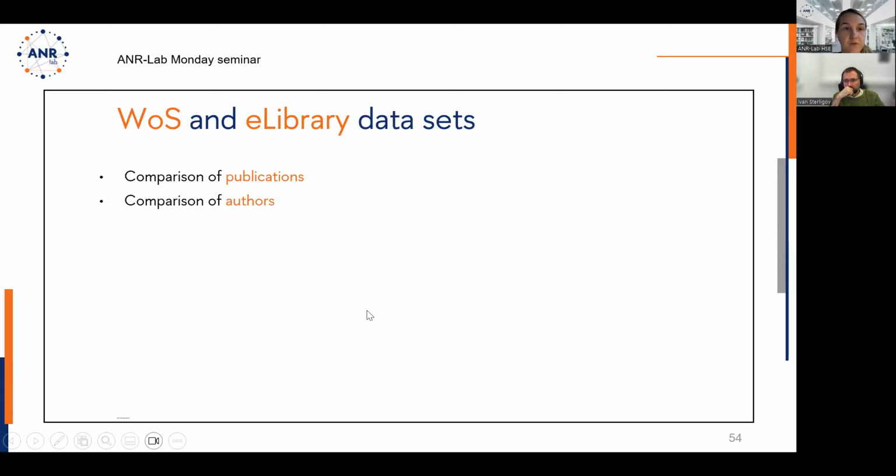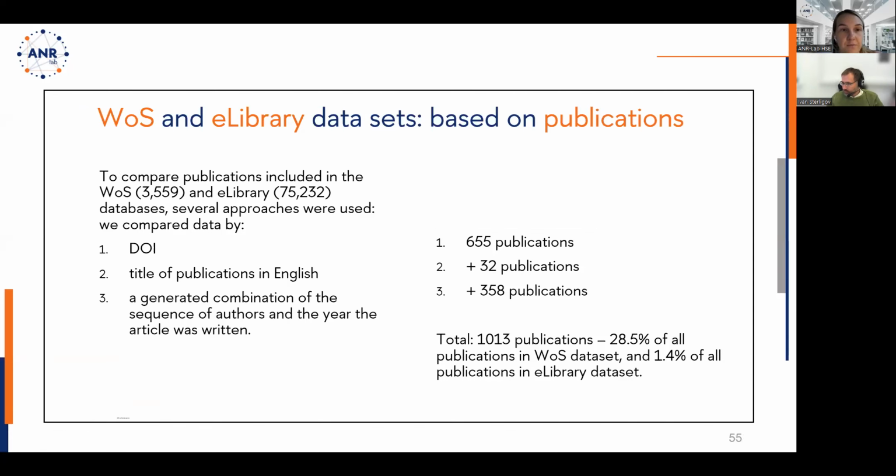And now we will move to the comparison between different databases, I mean WOS and eLibrary. And again, we will look at the level of publications and authors. So we tried to compare publications which are included into these two datasets, and we used several approaches.